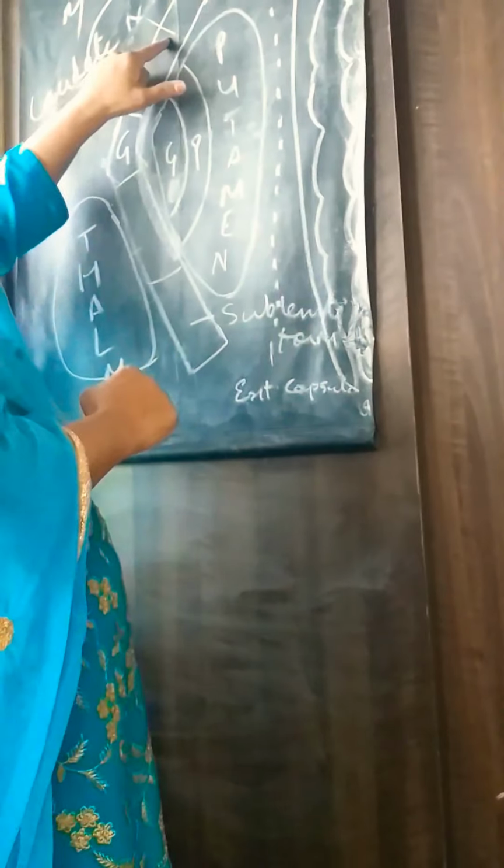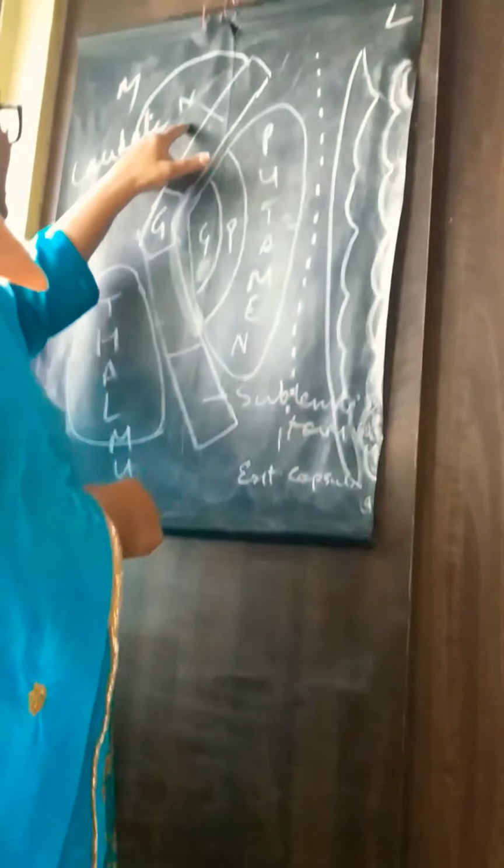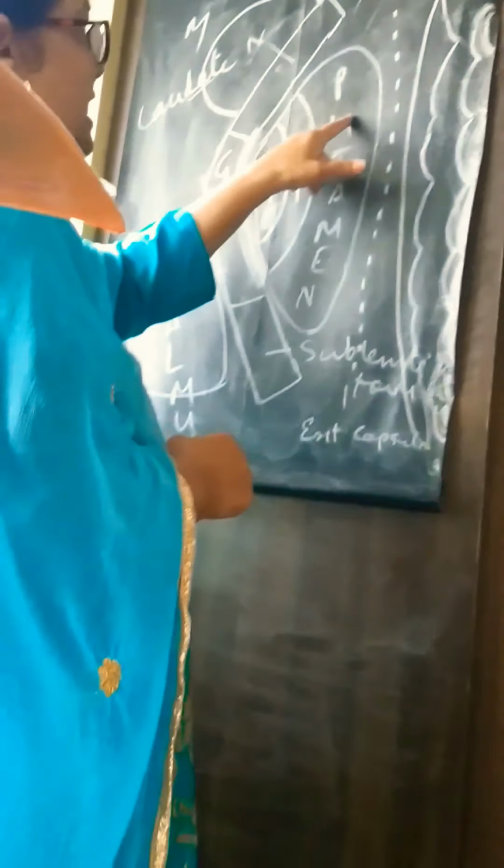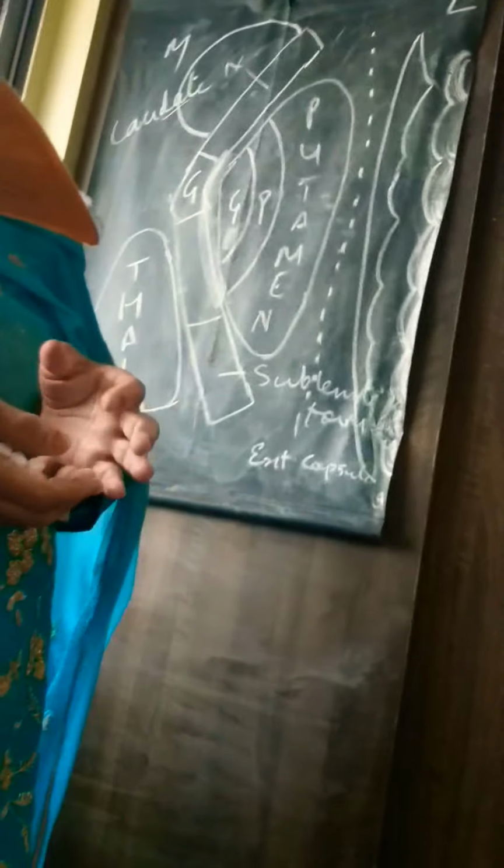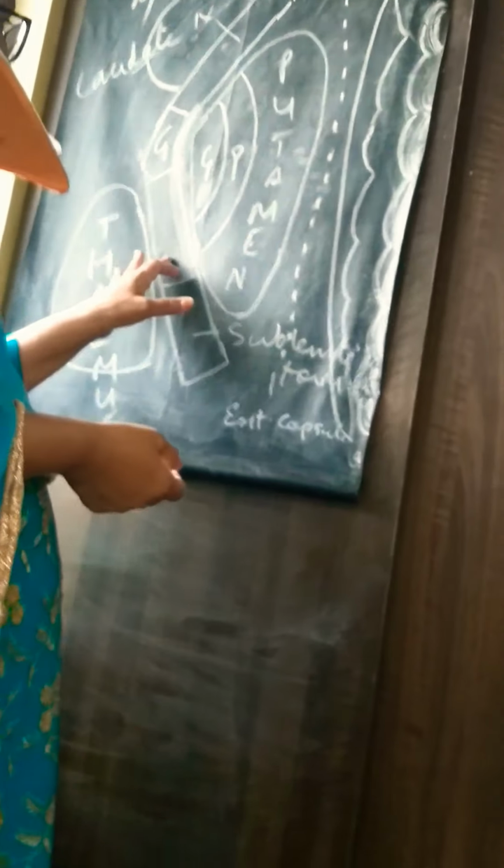See, if you cover this like this, what remains is the upper portion. So the anterior limb has a medial and a lateral relation: medially the caudate nucleus, and laterally the upper part of the lentiform nucleus. Now the posterior limb. If you cover the upper portion, what remains is the lower portion.